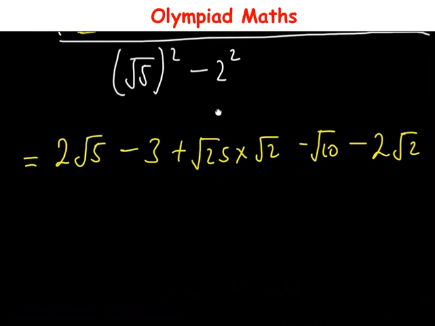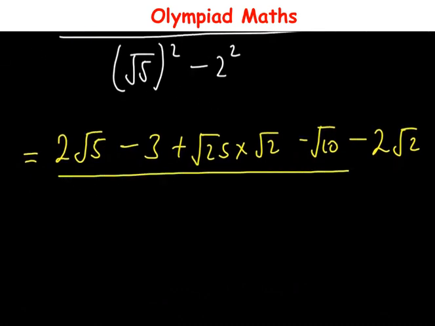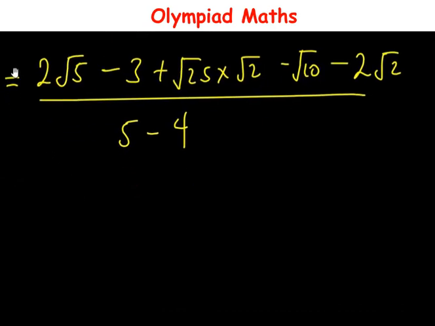Then all of this is being divided by this. The square will cancel the square root. We have 5 minus 2 squared, which is 4. Simplifying this further, this is equal to 2 root 5 minus 3 plus root 25, which gives us a value of 5, times root 2.